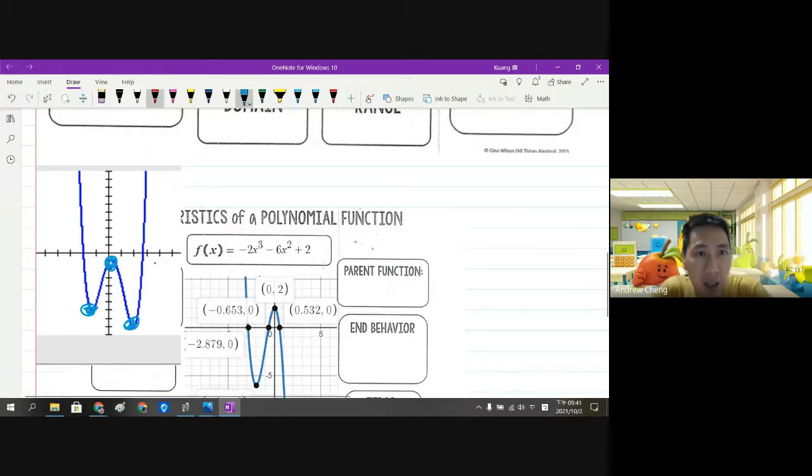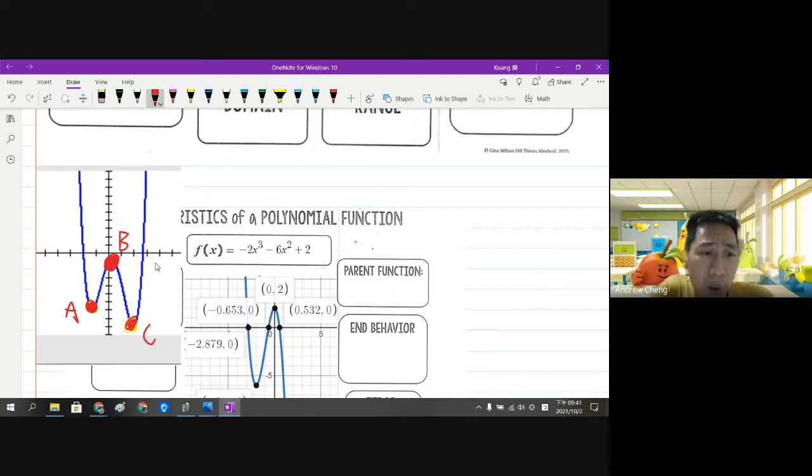Okay, we have 3 turning points, and the red one we call relative maximum, and the other 2, maybe this yellow one, we call relative minimum. Let me give them names: maybe this is A, this is B, this is C. So A is relative minimum.